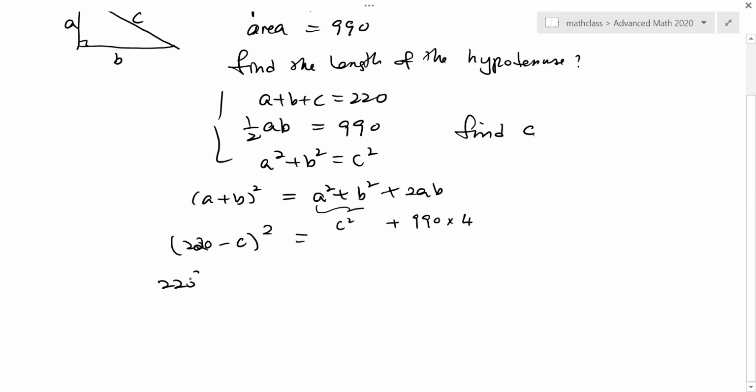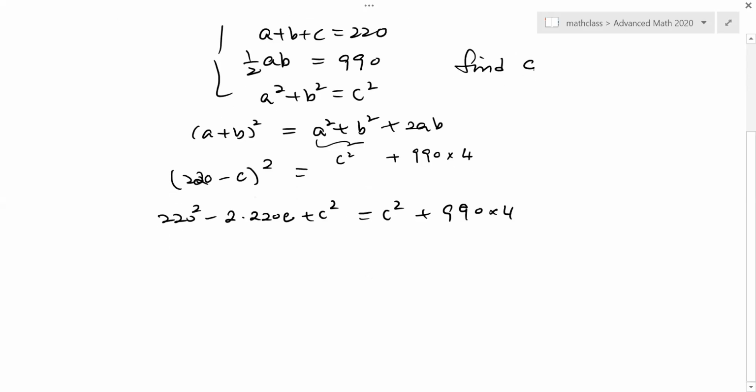So 220 squared minus 2 times 220 times C plus C squared, and then C squared is gone. So it turns out to be a linear equation.